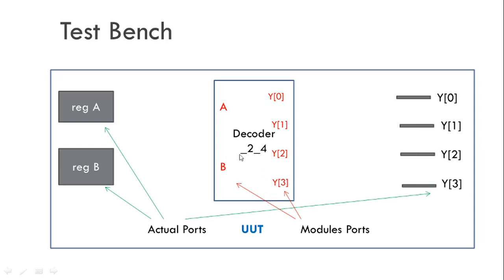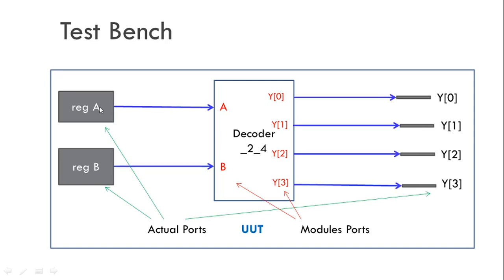Now for the mapping, reg A is connected with A, reg B is connected with B, Y[0] of the module is connected with Y[0] of the wire, Y[1] with Y[1], Y[2] with Y[2], Y[3] with Y[3]. So it is an environment where we keep our design, and it is connected with the input and output present in the environment through connections, known as mapping.